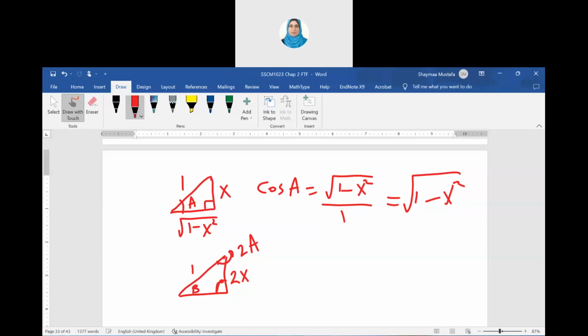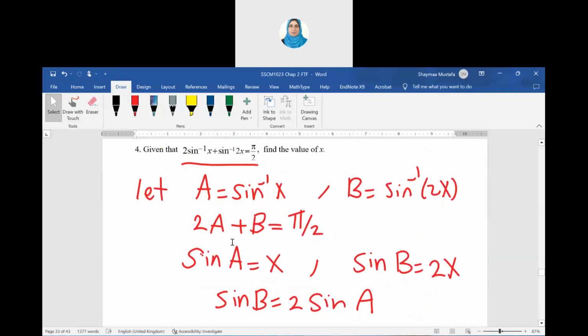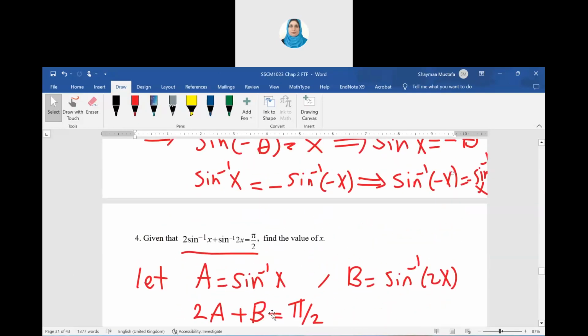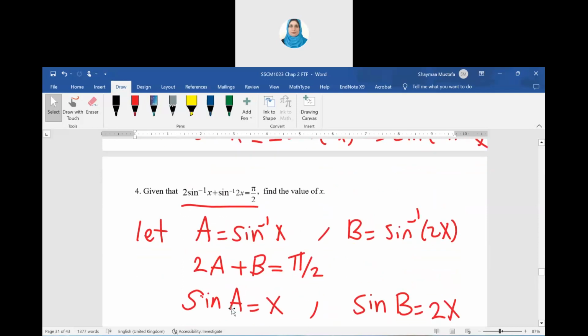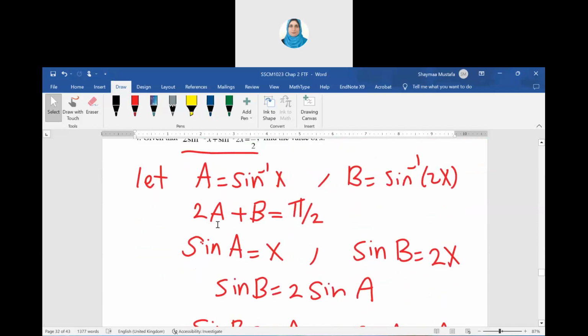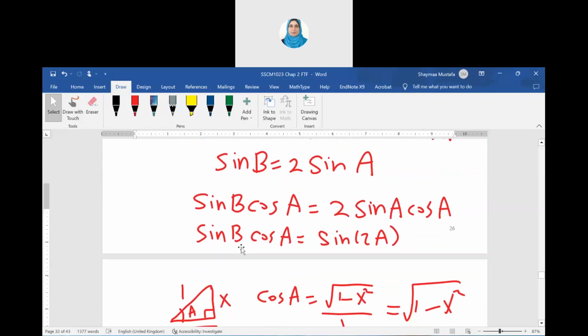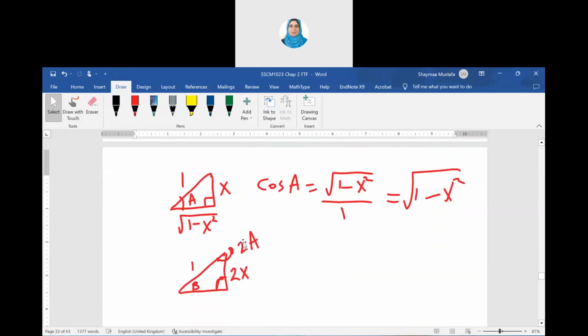This angle is 2A. Why? Because 2A plus B is pi over 2 from the first relation given to you. So you need to benefit from the relation given to you.